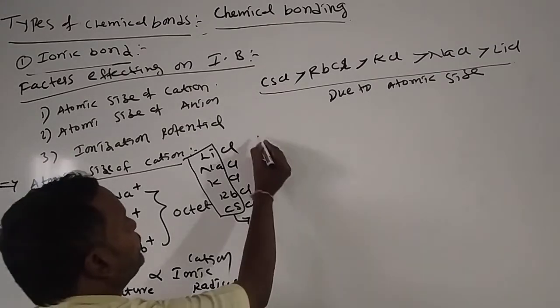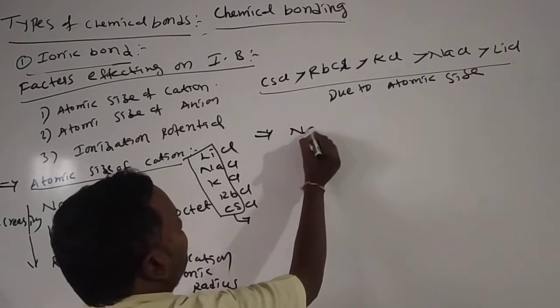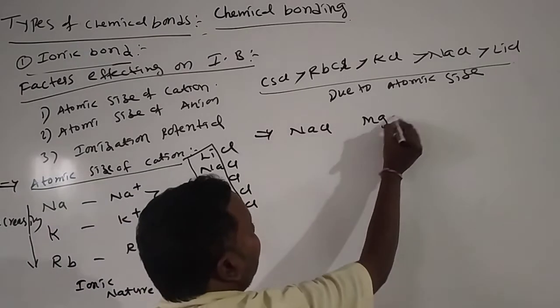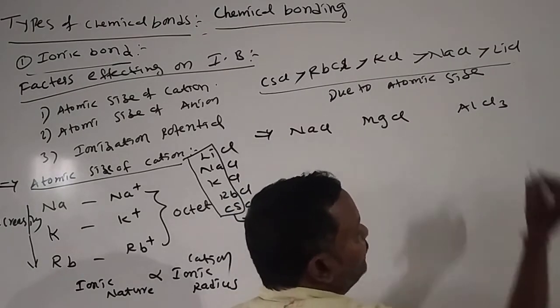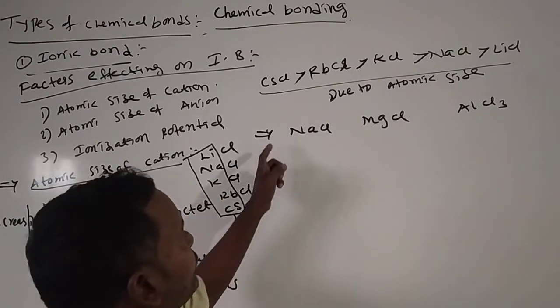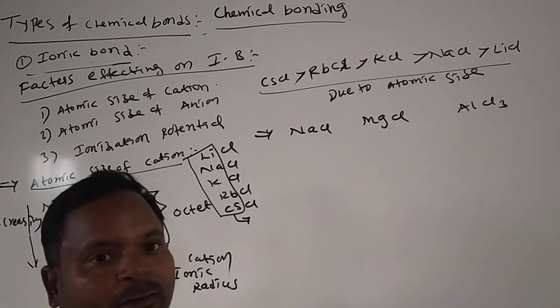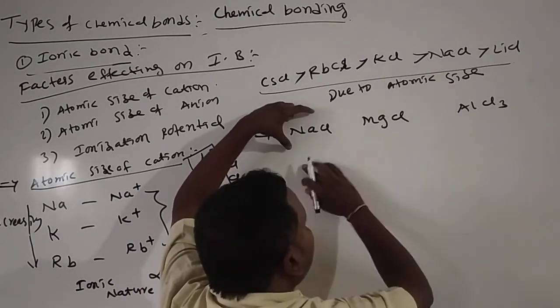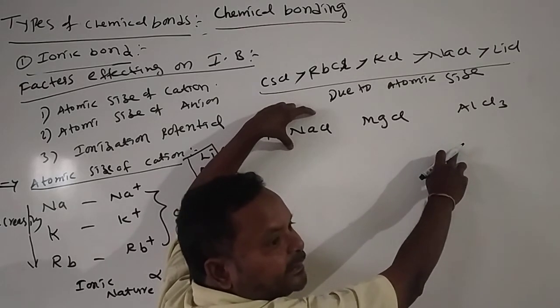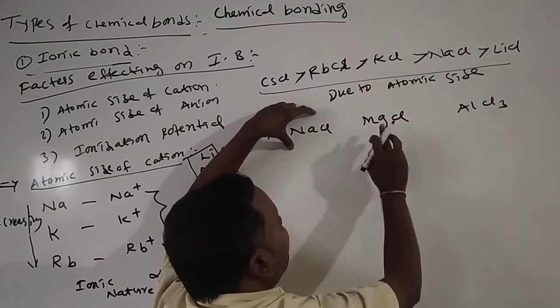For example, take these molecules: sodium chloride, magnesium chloride, aluminum chloride. Sodium, magnesium, aluminum are third period elements. Moving left to right, atomic size decreases.